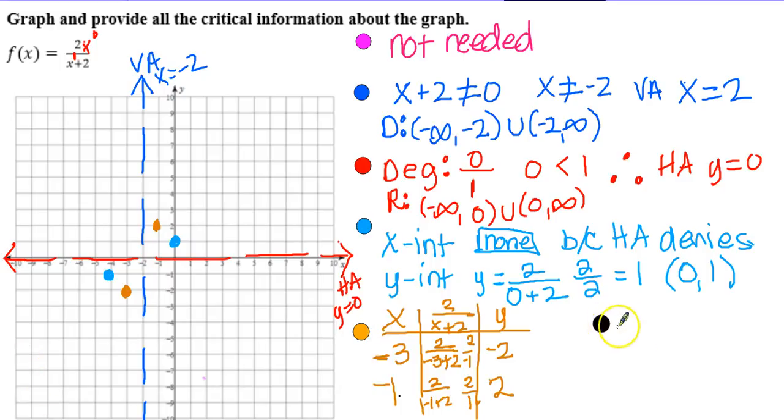So I'm going to pick up my black pen, and I'm going to connect these points, and I'm going to do it in a smooth curve. And my graph is always approaching the asymptotes. So I would go really close to my horizontal asymptote and curve down through, and then approach this other one. Always approaching your asymptotes, and then curving through the points that you graph.